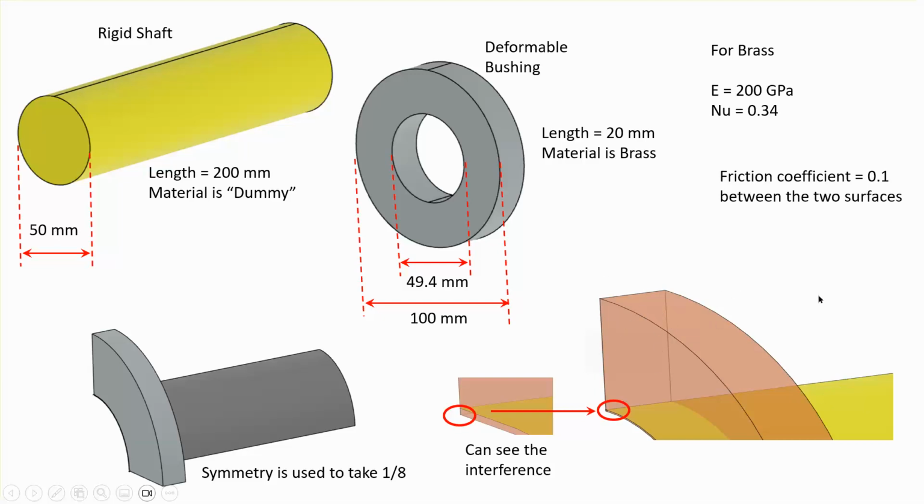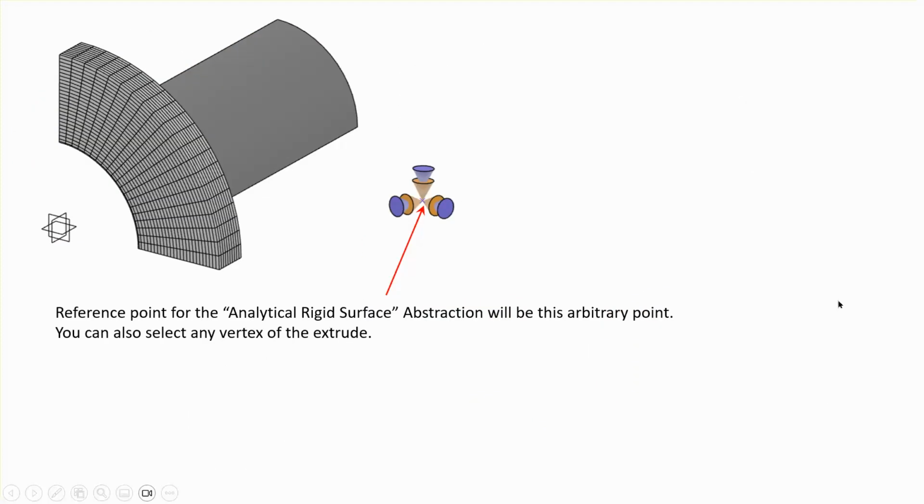Now, in the case of an analytical surface, just like the case of the rigid surface by the way, you can define a reference point, which can be one of these corners or any point, and maybe even the mass center of this surface.